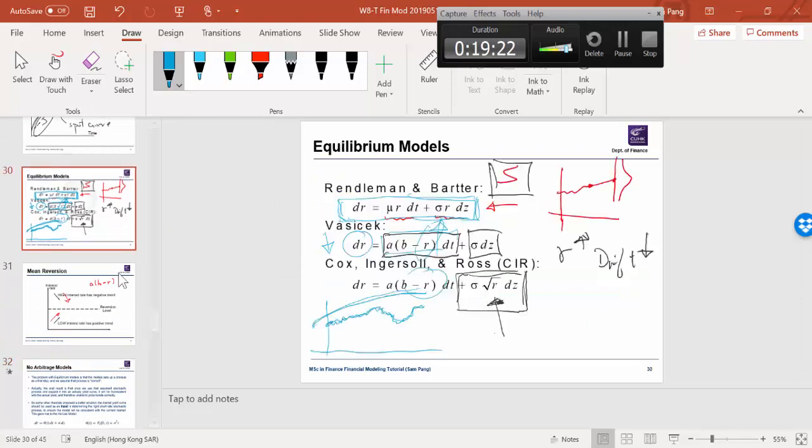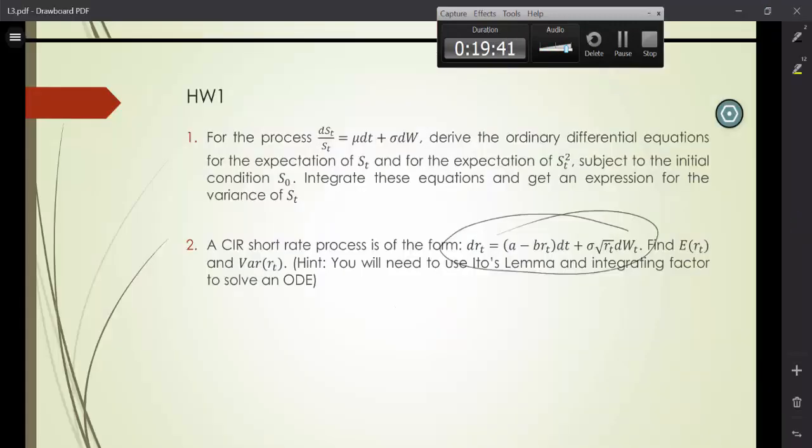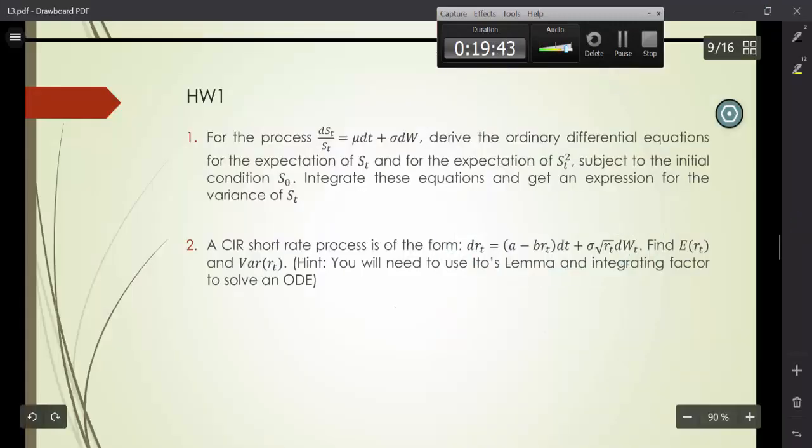I'm going to take the Vasicek example, and the only difference between the two is that in the random term there is no square root of r, but otherwise it's the same. What I would do is try to share with you the Vasicek. So I'm going to change this question and discuss the Vasicek short rate process.